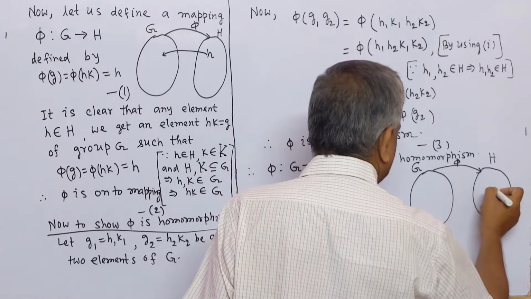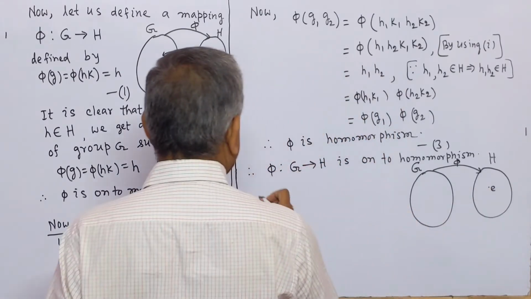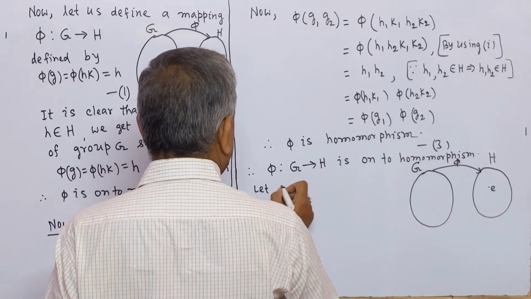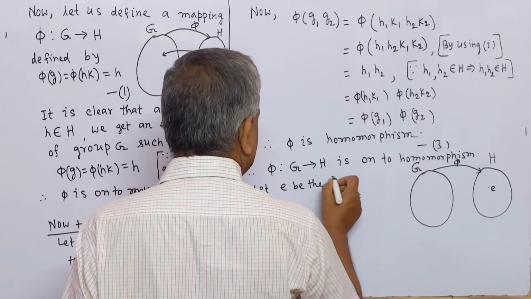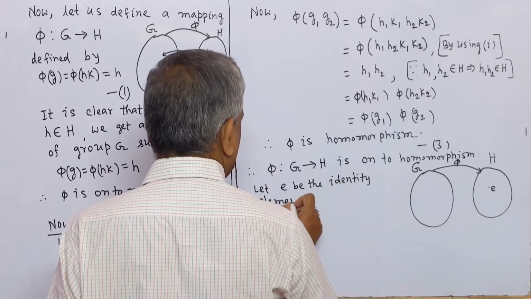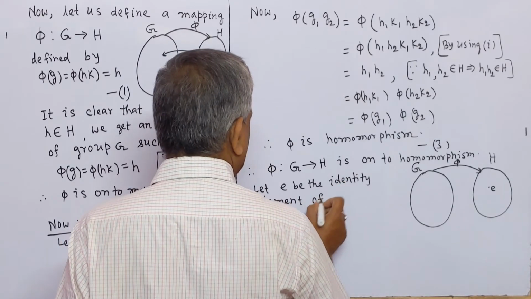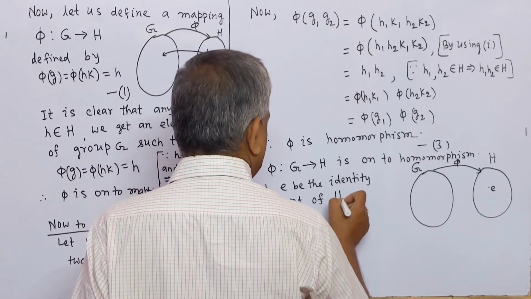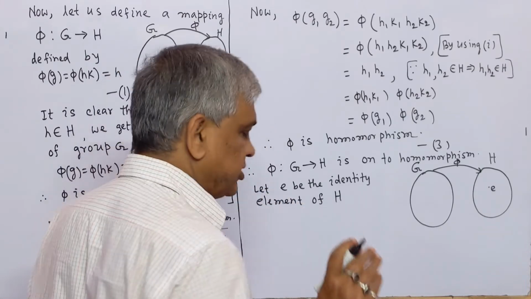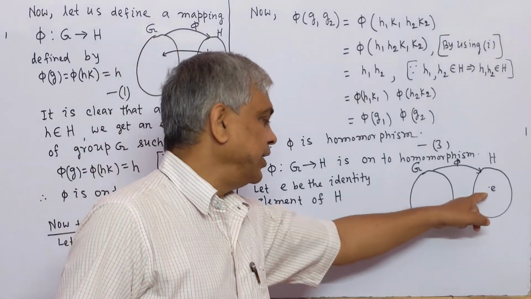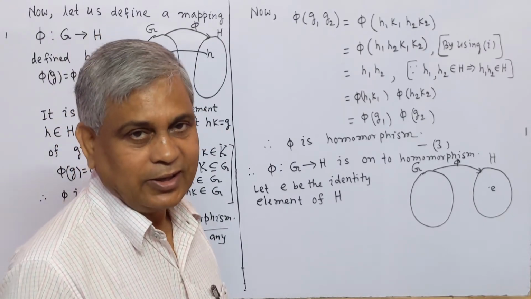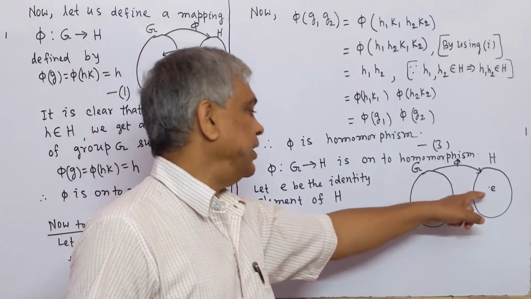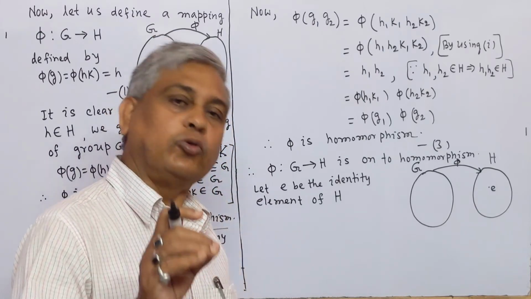Let e be the identity element of subgroup H. This identity element is the identity element of group G, so this is the identity element of group K also.